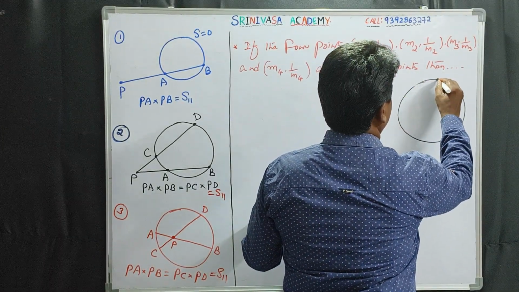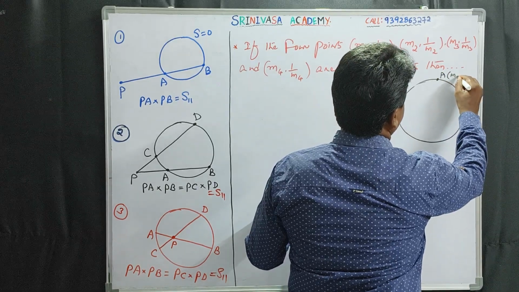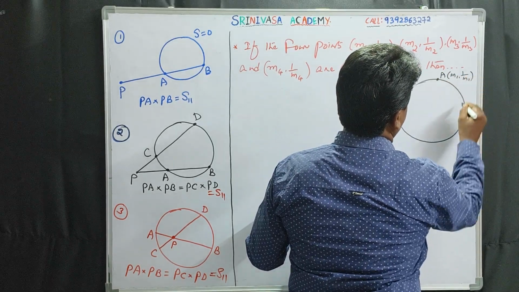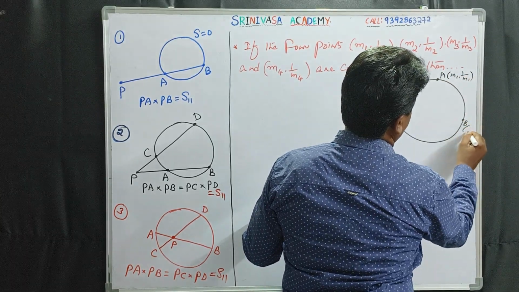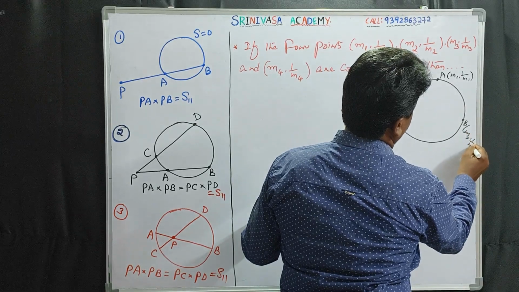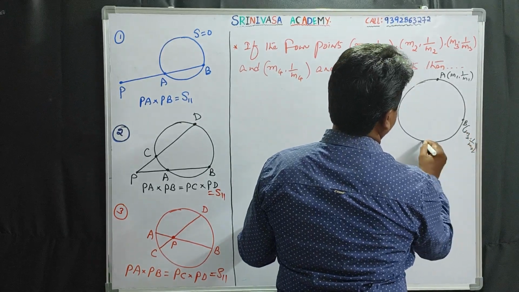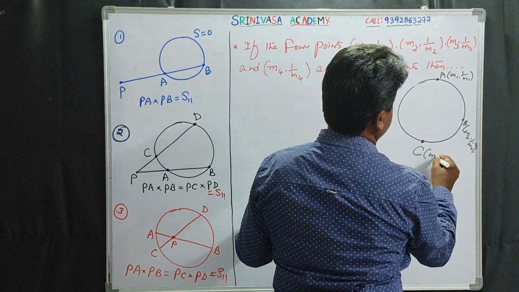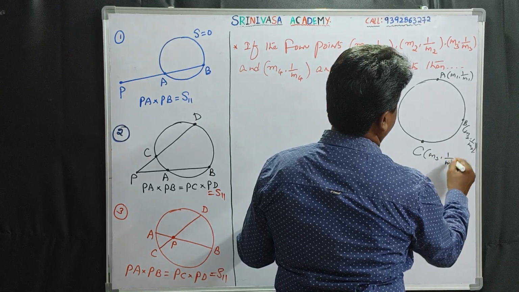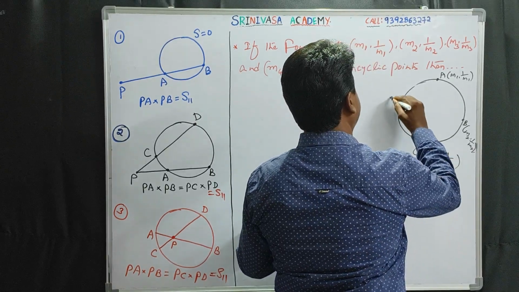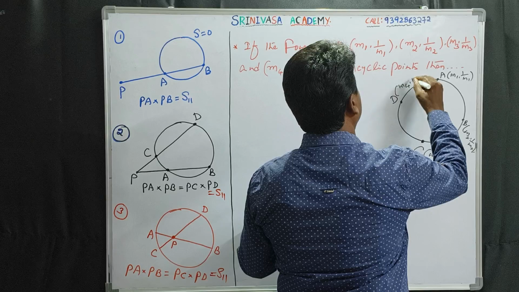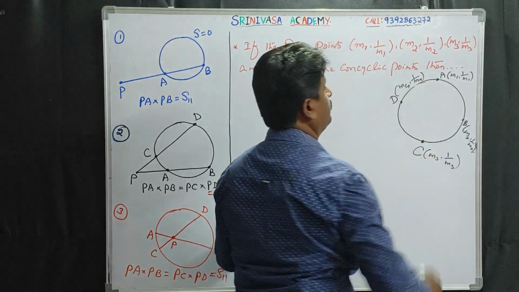Somewhere here, point capital A (M1, 1 by M1). This is a point capital B (M2, 1 by M2). This is a point capital C (M3, 1 by M3). And this is a point capital D (M4, 1 by M4).